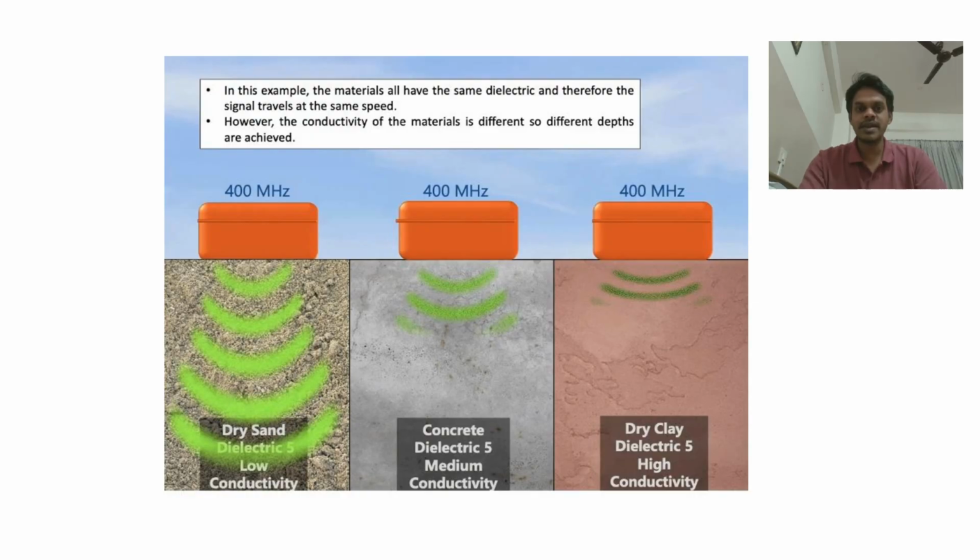In this example, the materials all have the same dielectric, and therefore the signal travels at the same speed. But you can see here dry sand, with low dielectric and low conductivity, and again you have the clay example. Now for good penetration, the wave must travel deep and also return back to the receiver.